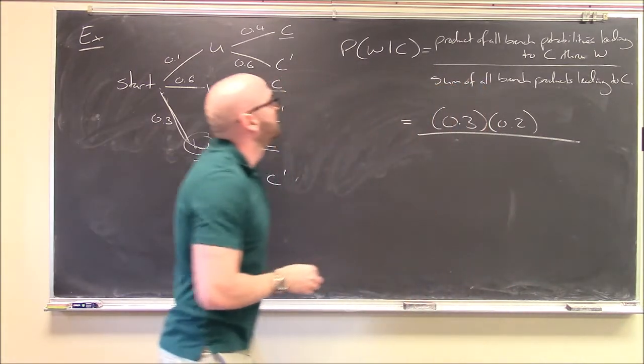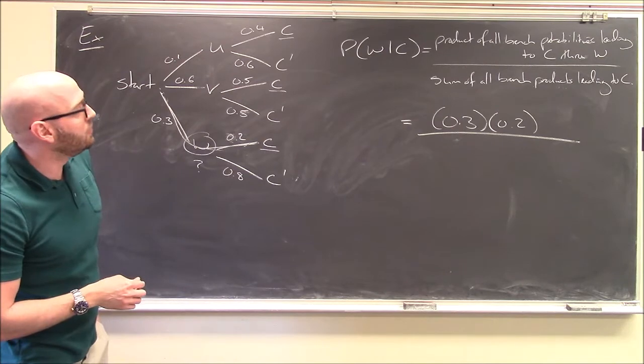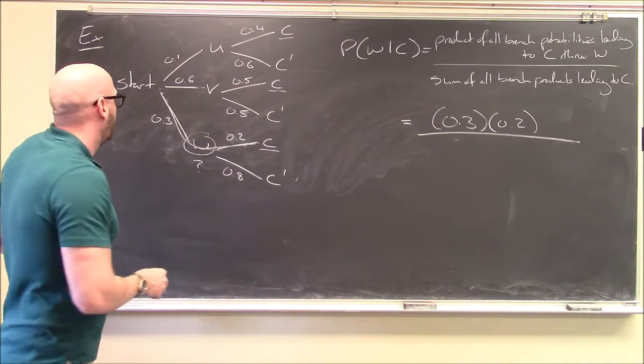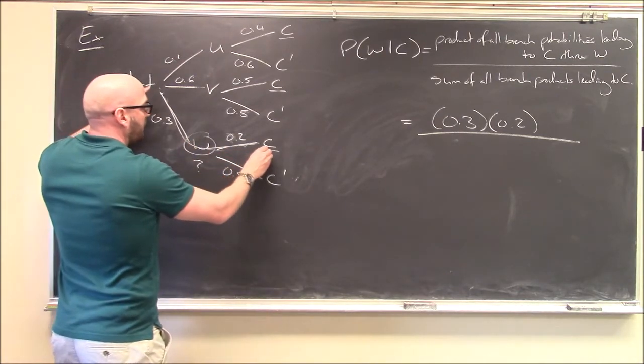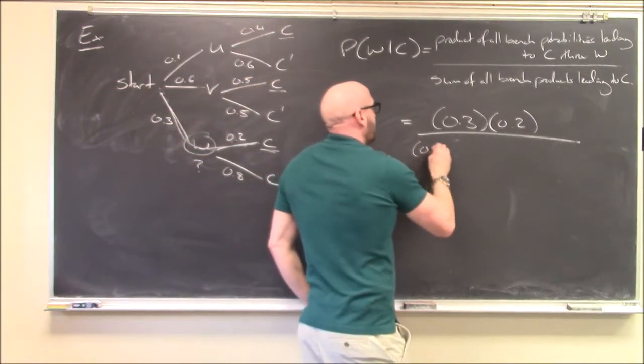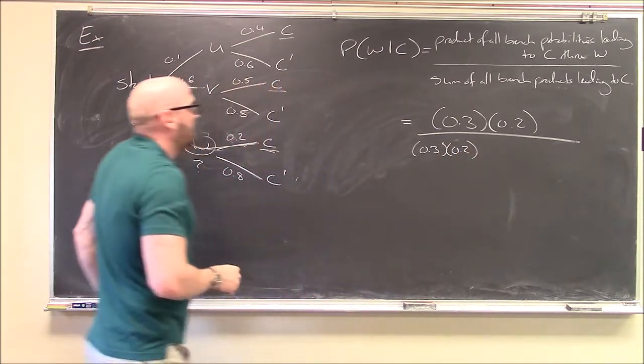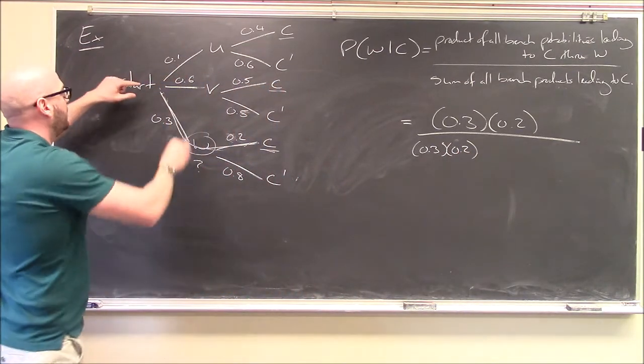Divided by, now I want the sum of all branch products leading to C. So how many ways can I get to C? Here's one of them, through W, so we've got 0.3 times 0.2. How else can I get to C?